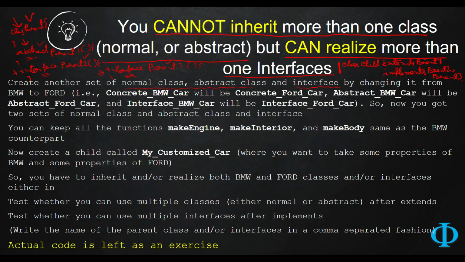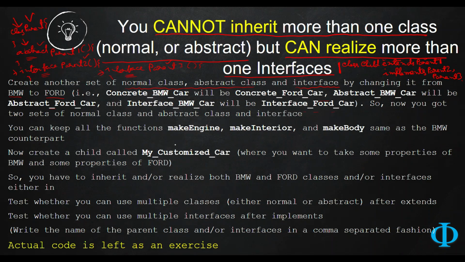So just create another set of normal class, abstract class, and interface by changing the word BMW to Ford. You already have concrete BMW car, abstract BMW car, and interface BMW car from the previous exercise. Now create another set: concrete Ford car, abstract Ford car, and interface Ford car. So now you have two normal classes, two abstract classes, and two interfaces with which you can test different things.